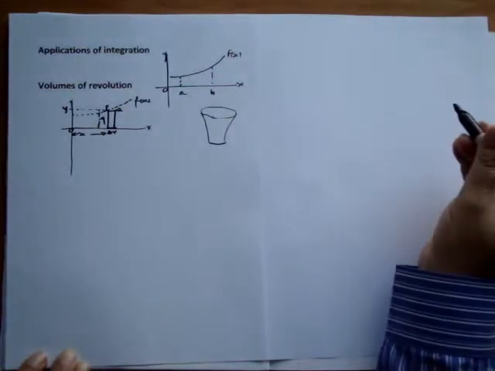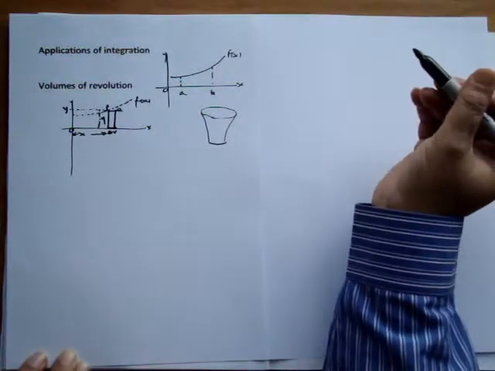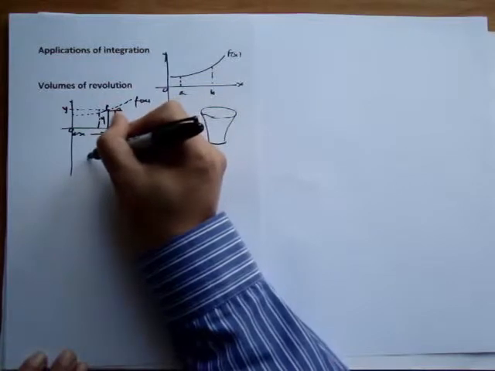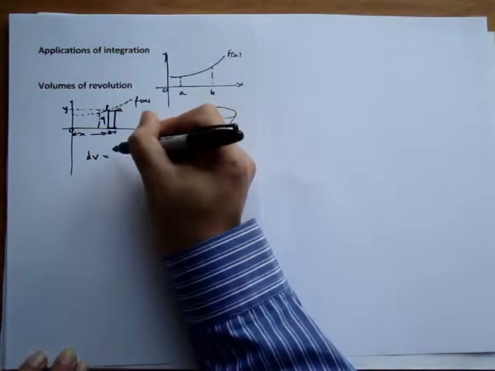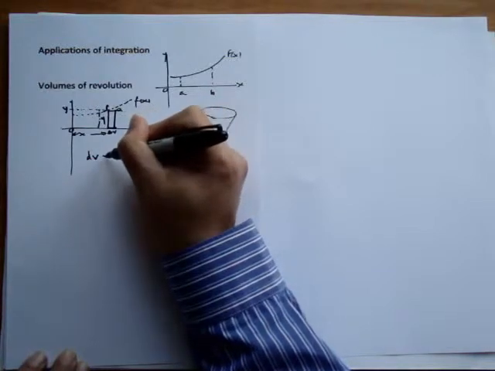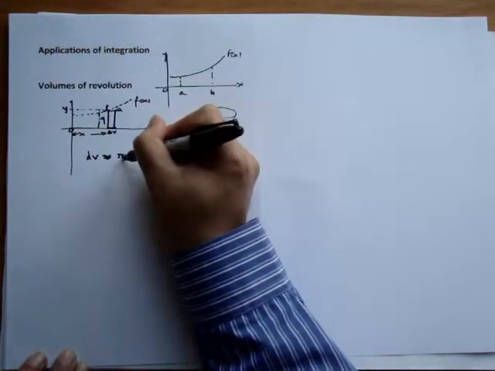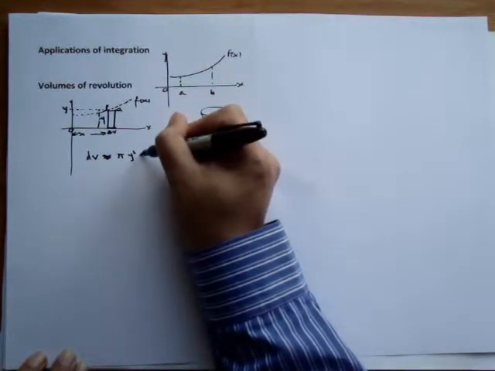So what happens when we rotate this strip around the x-axis? We get a volume generated. dV would be approximately, just put approximately, not equal to, pi y squared dx.